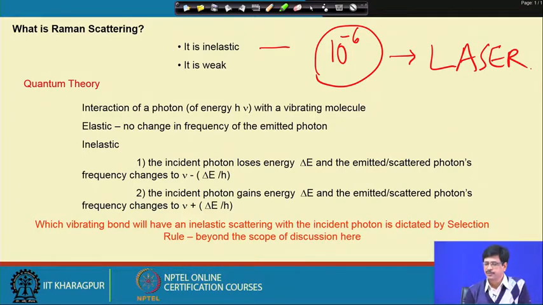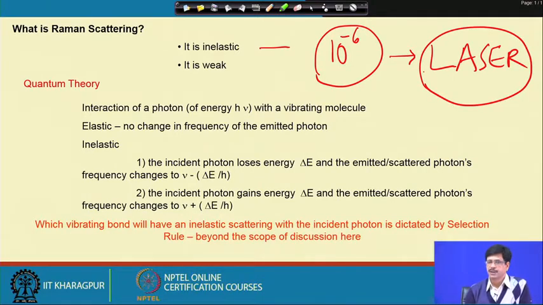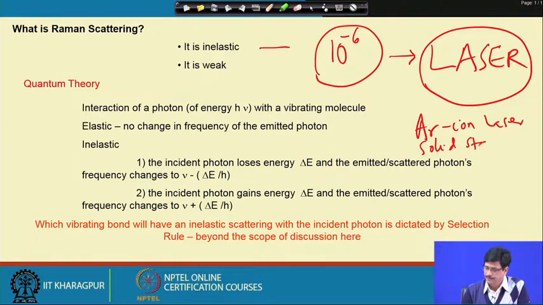laser, that is, light amplified by stimulated emission of radiation, and these lasers are generated by many different devices and materials. The kind of laser that we use for laser Raman microspectrometric study is generally a low power laser, and it could be a gas laser like an argon ion laser, or maybe a solid state laser, having power in the 20 to 100 milliwatt range.